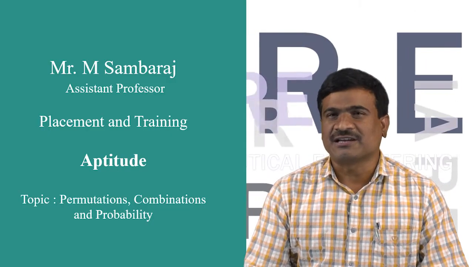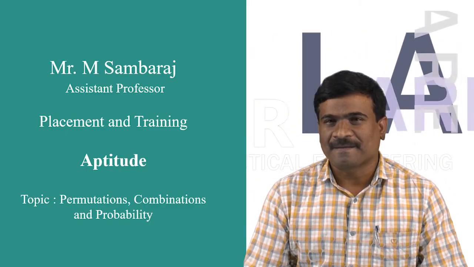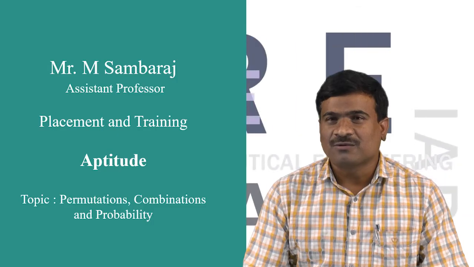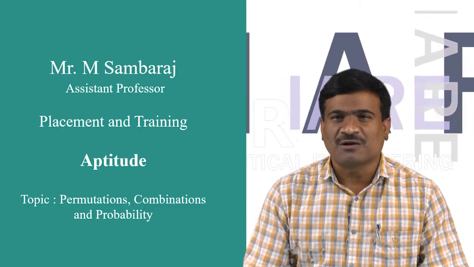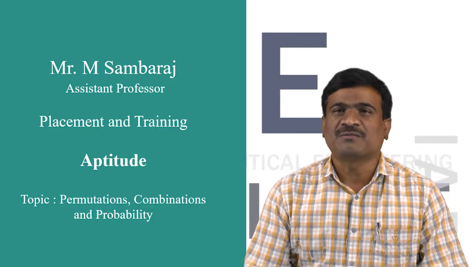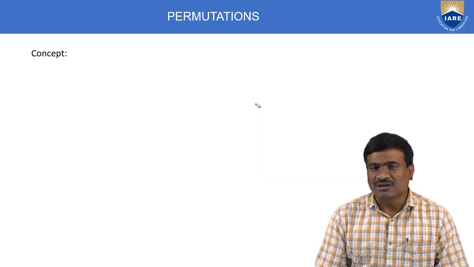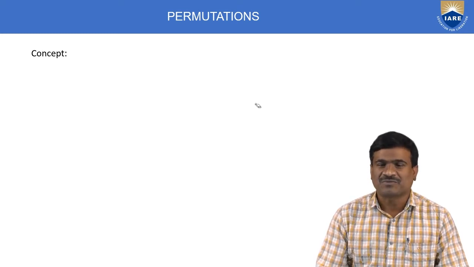Probability exists in a permutation and probability exists in a combination. What is important here is what a permutation is, what a combination is, and the difference between them. If we know this logic, then permutations, combinations and probability are completed.